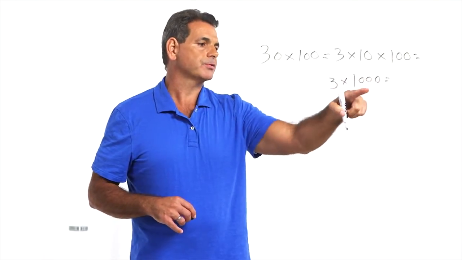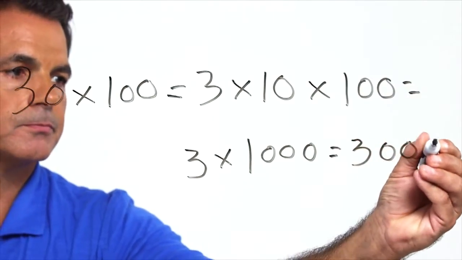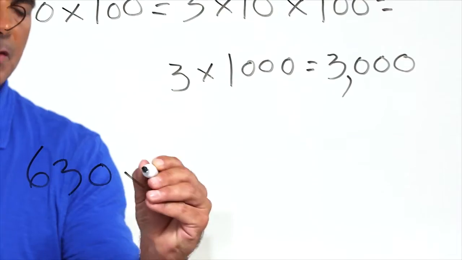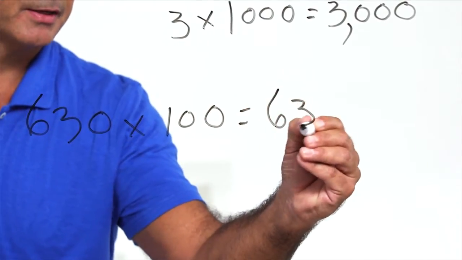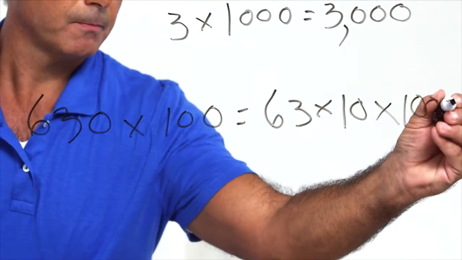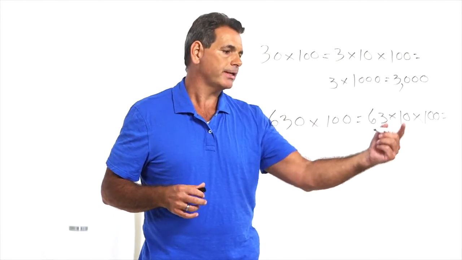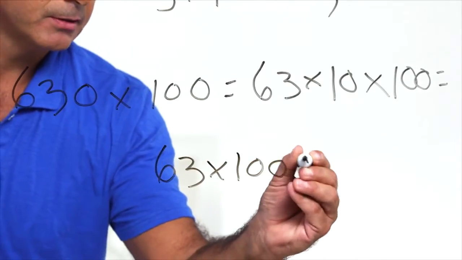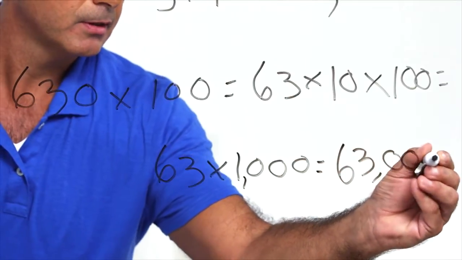The 10 times 100 is 1,000. 3 times 1,000 is 3,000. 630 times 100 can be decomposed into 63 times 10 times 100. So then this becomes 63 times 10 times 100 equals 63 times 1,000, which is easily computed as 63,000.